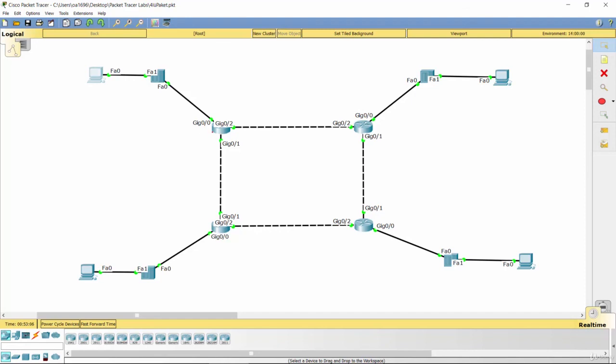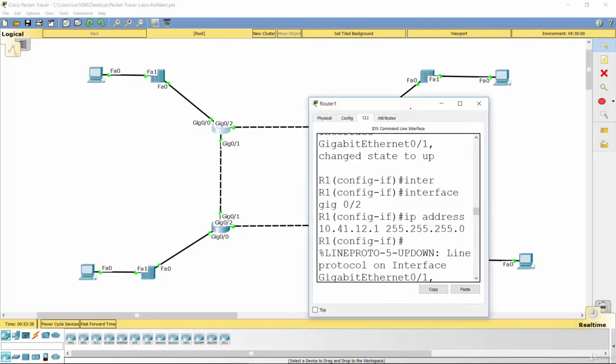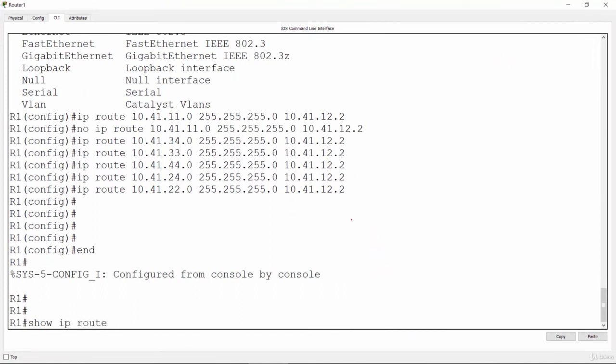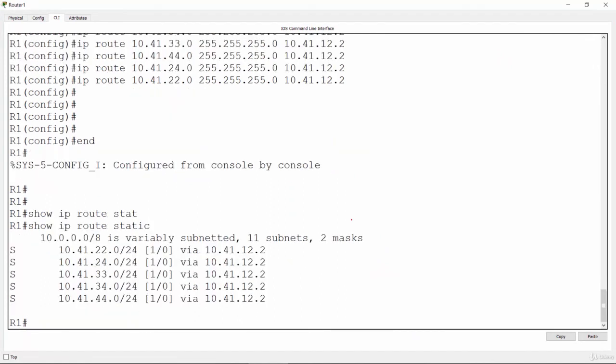The second step that I can look at, if my gateway ping is successful, and if I still couldn't ping PC4 in here, what I should check is the IP address configuration of the interfaces and the static IP configurations also by using show ip route static command.